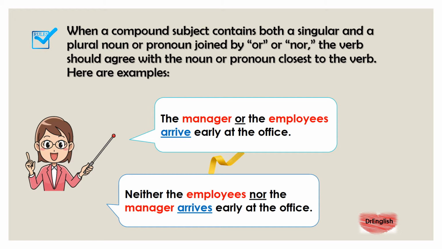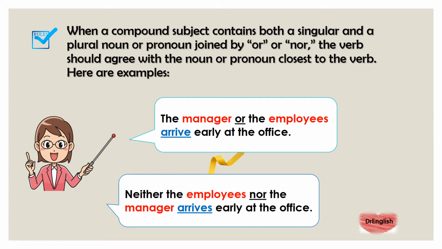In the second sentence, neither the employees nor the manager arrives early at the office. We have the same nouns, employees, which is plural, and manager, which is singular, and both are connected by the word nor.